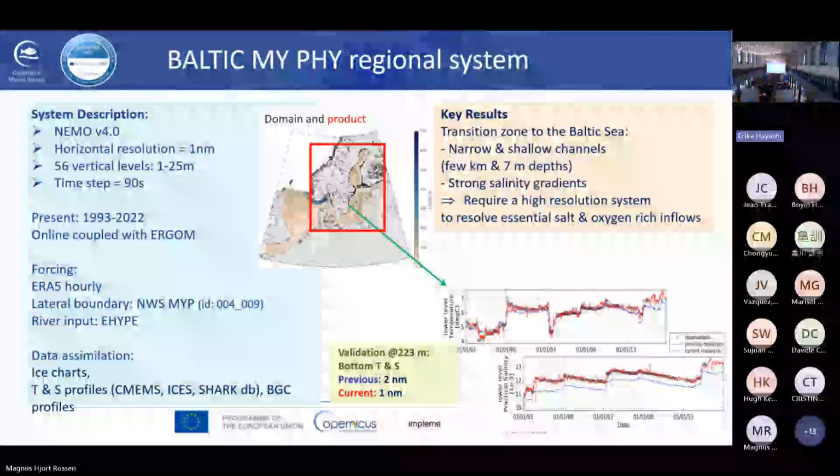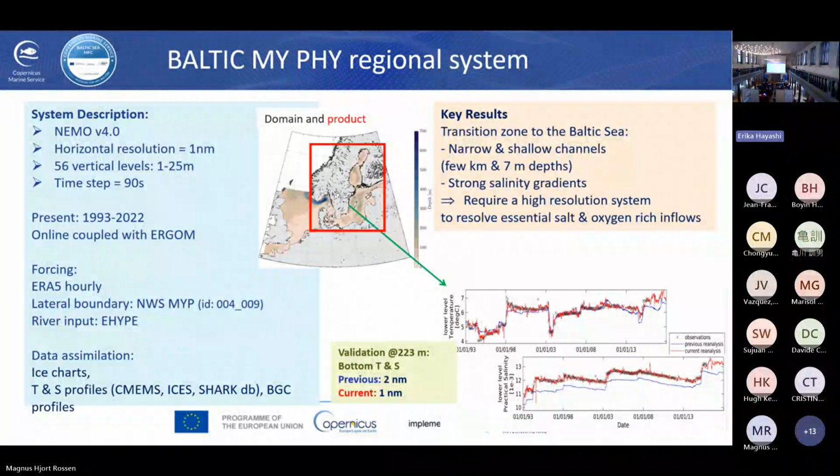And in Copenhagen, we produce a reanalysis from 1993 to 2023 right now. And we assimilate basically everything we can get.